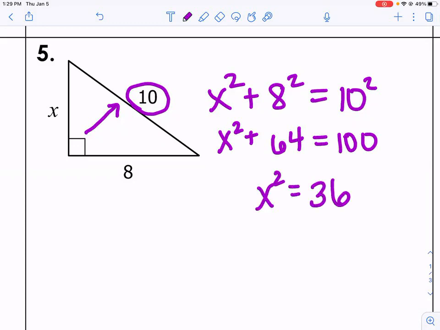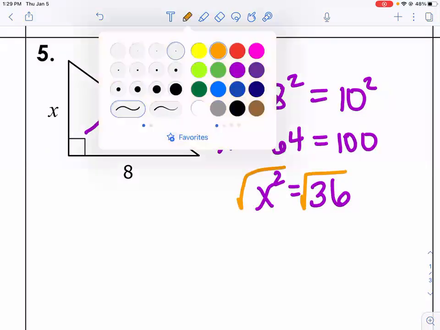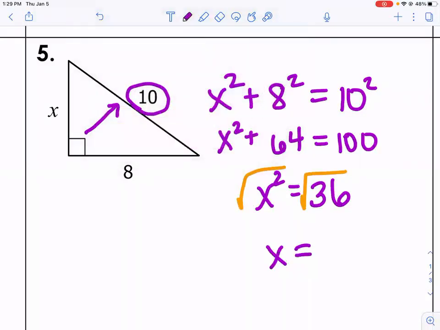You're confused? Definitely not confused. Okay. What's the square root of 36? 6. All right, you try number 6.